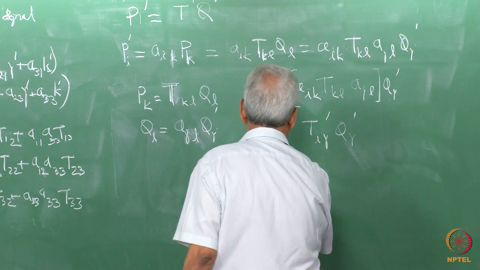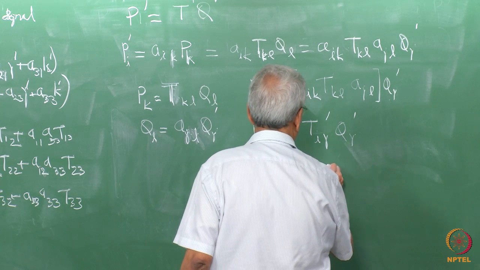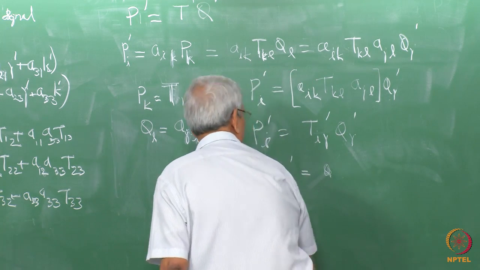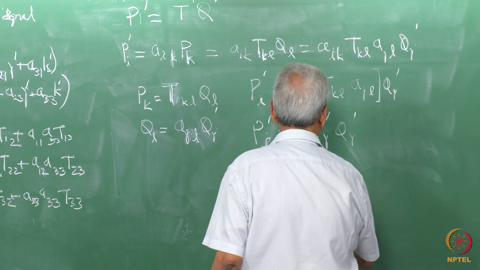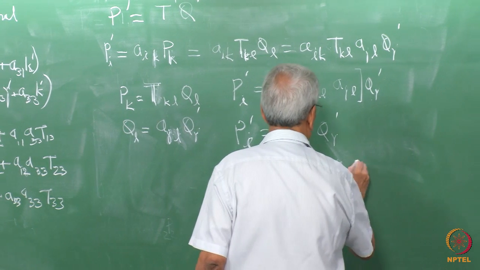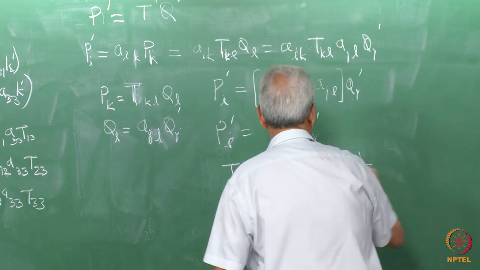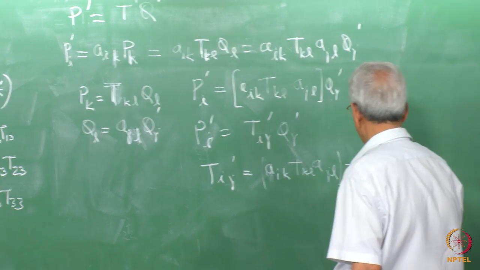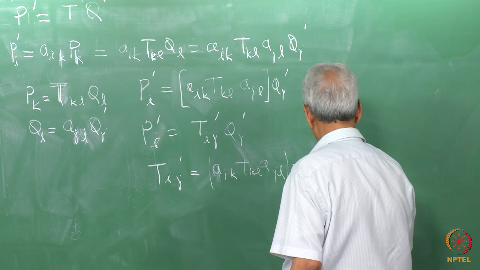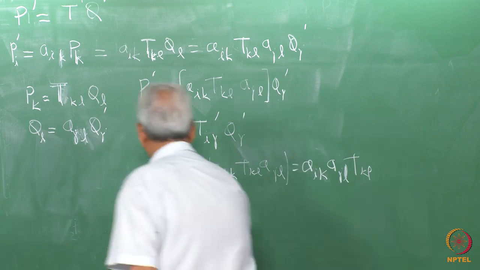So, now TIJ dash equals AIK TKL AJL. Actually, here the order does not matter, so we can write it as AIK AJL into TKL.